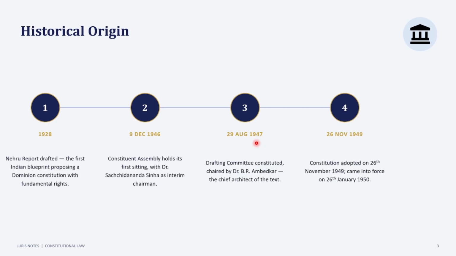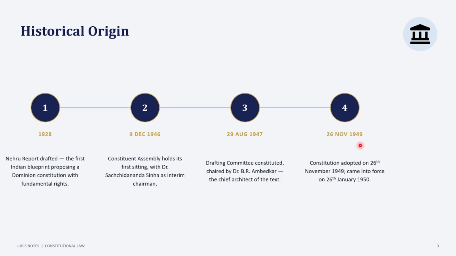The drafting committee played a very important role in preparing the constitutional text. And then finally we come to 26 November 1949. The constitution was adopted by the Constituent Assembly, and as we just discussed, it came into force on 26 January 1950. So these are some of the important dates that we should remember when studying the making of the constitution.